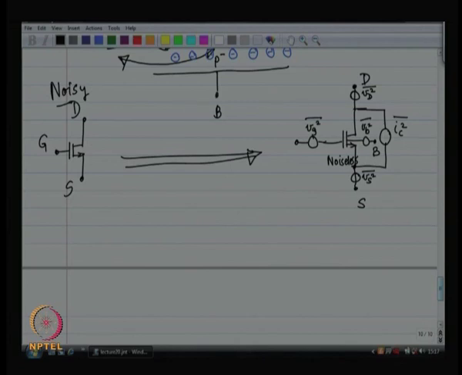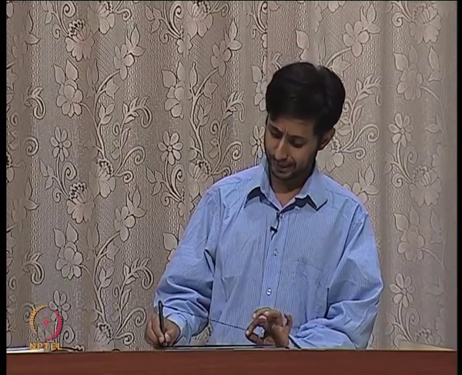And the most important noise in the MOSFET is the channel noise. It is a noise current that appears in shunt with the channel, right. I have written it as IC squared.